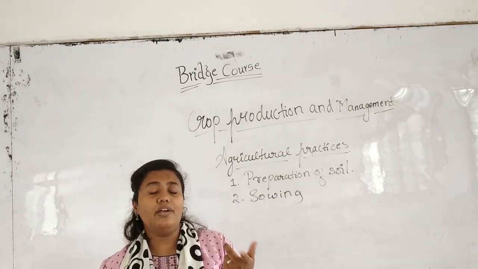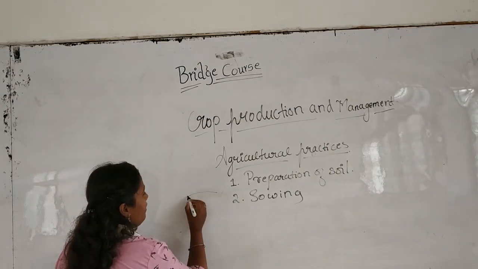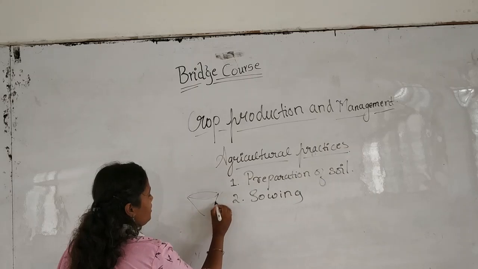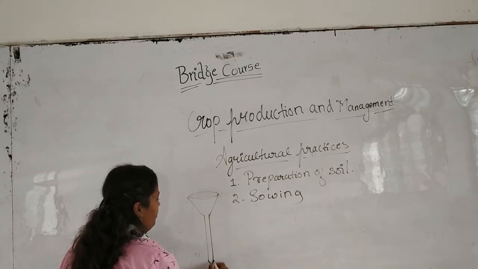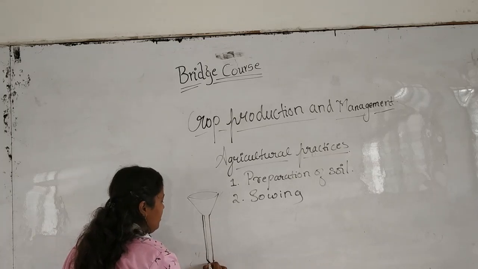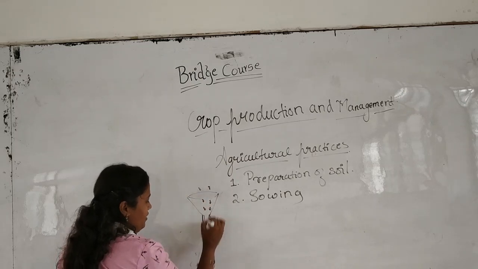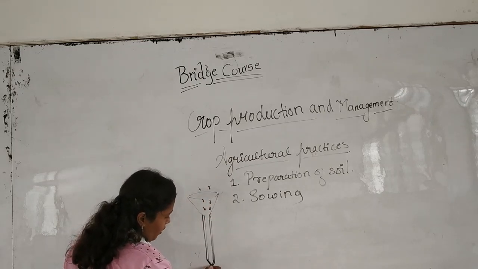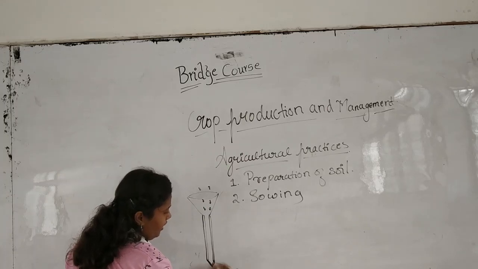Before they used to use a traditional method. In the traditional method, they used a funnel shaped equipment, or you can say instrument, to pierce the seeds in the soil. Here the seeds were put and the seeds were pierced down one by one inside the soil at a particular distance.